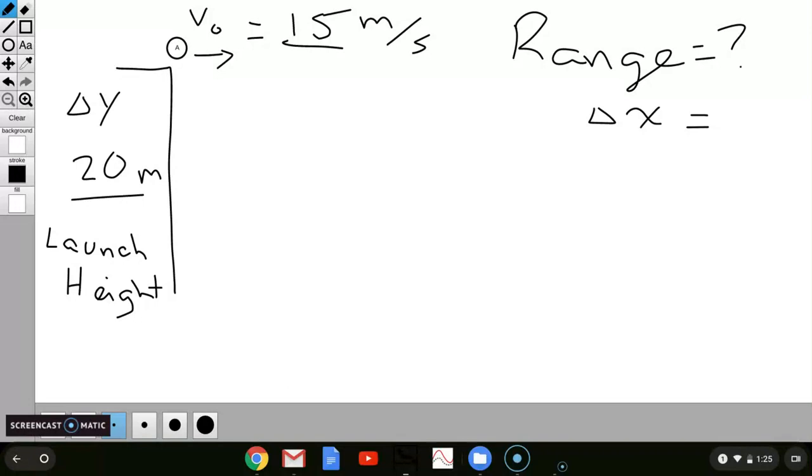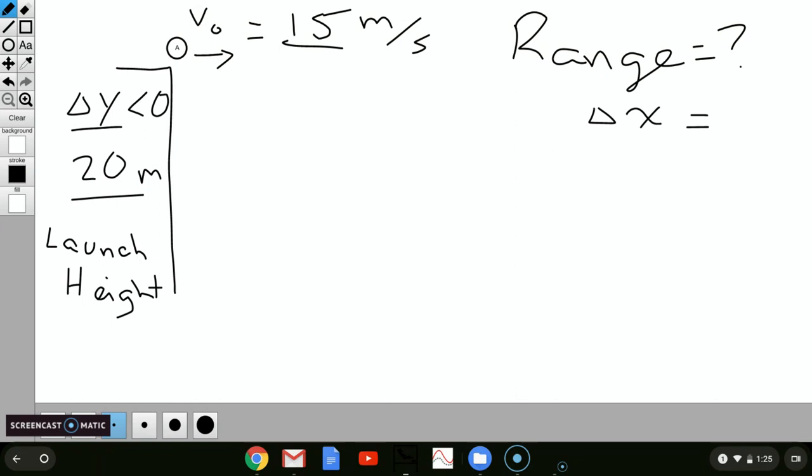Be careful, launch height is not the displacement, which is what delta y would be. Delta y would be how far the ball has moved in the vertical direction. This will always be negative, okay? Will always be less than 0. So be careful of that.